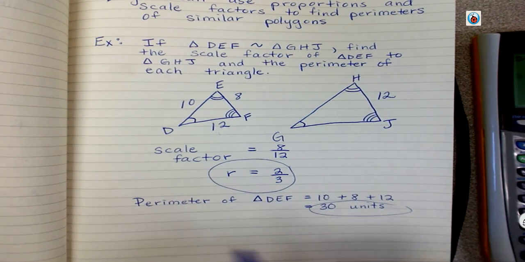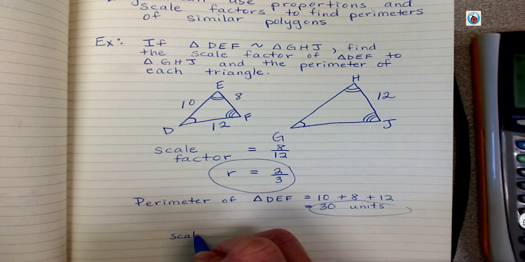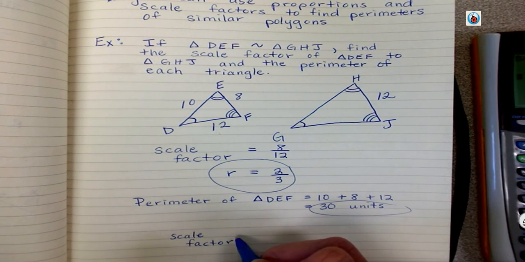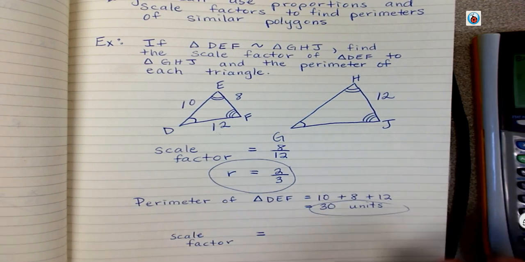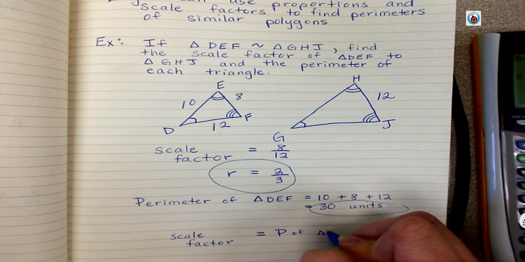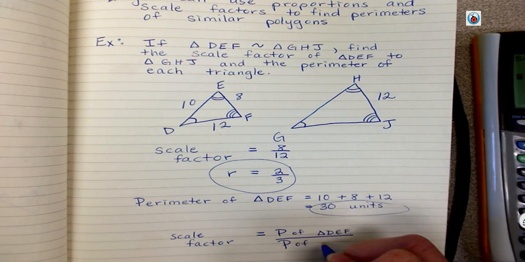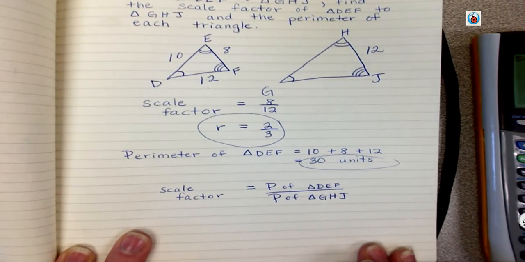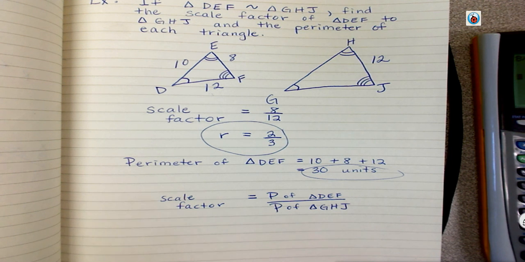So what that means is our scale factor of this triangle to this triangle is equal to the perimeter of triangle DEF to the perimeter of triangle GHJ. So I can use that scale factor to find perimeters just like I can to set up those sides.